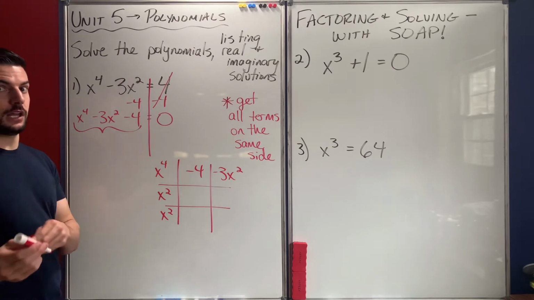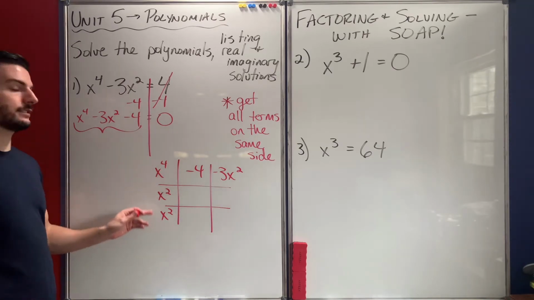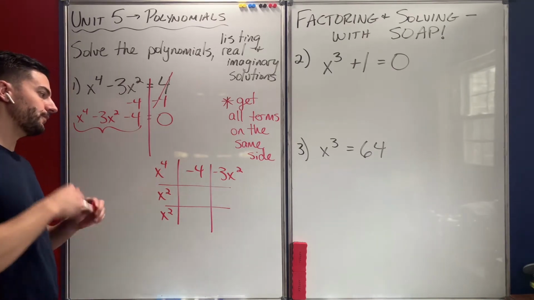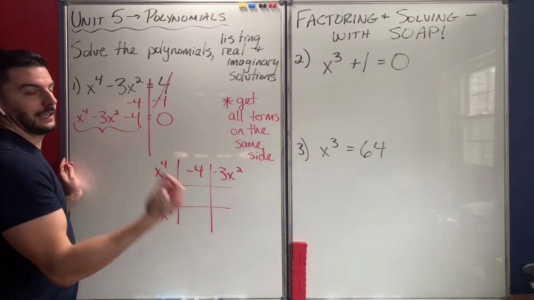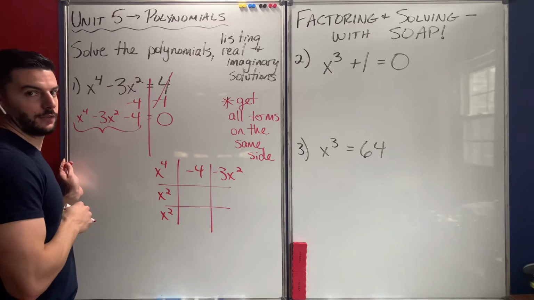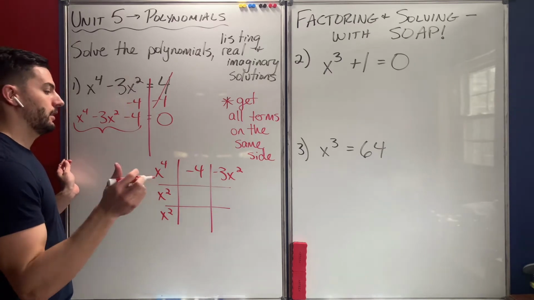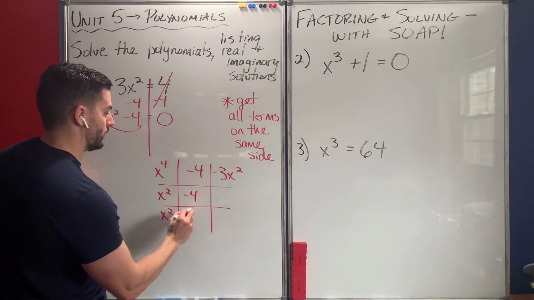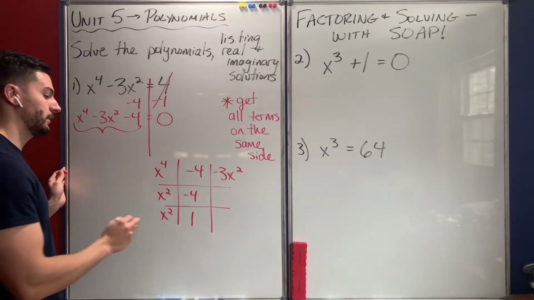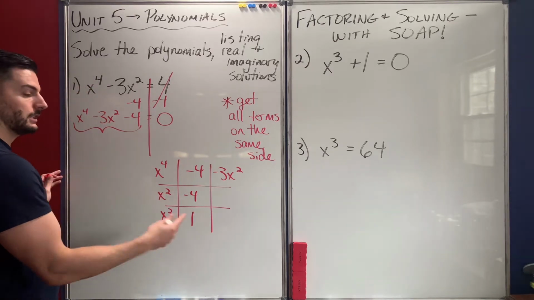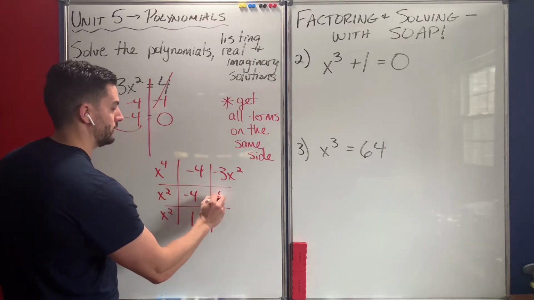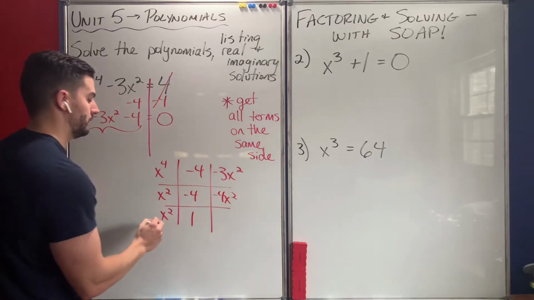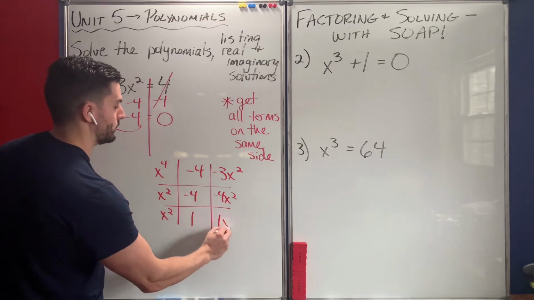Just like we started with the other ones, when it's x squared, it's x times x. But then we want to answer, what multiplies to get negative 4, and what's going to add to give me this negative 3x squared? That ends up being negative 4 and positive 1. And watch what happens. It's going to be similar. When I multiply across, x squared times negative 4 is negative 4x squared, and then x squared times 1 is 1x squared.